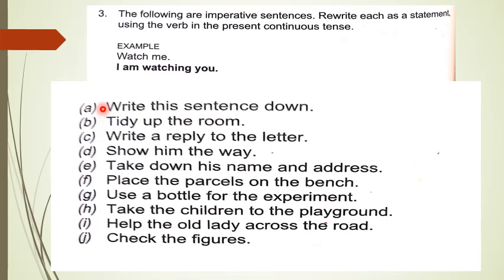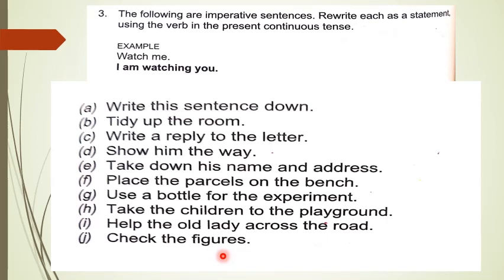So students, what you have to do is you can convert each of the sentences into present continuous tense by using either I, a singular noun, or a plural noun. In any way you can convert it.